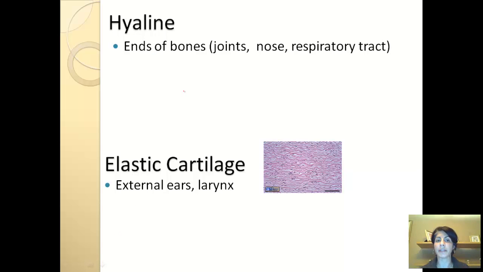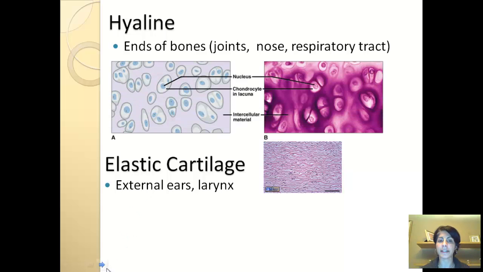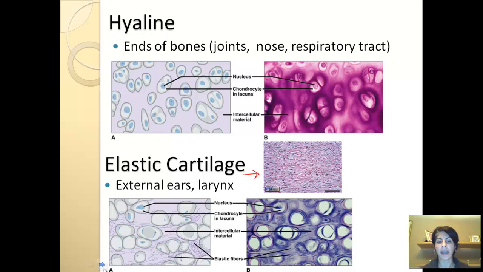Hyaline cartilage, like I mentioned earlier, is found at the ends of bones. It looks a little like this. Elastic cartilage is found in the external ears and larynx, and there's a good picture right here. Notice the somewhat repeating structure, and it looks a little like that.